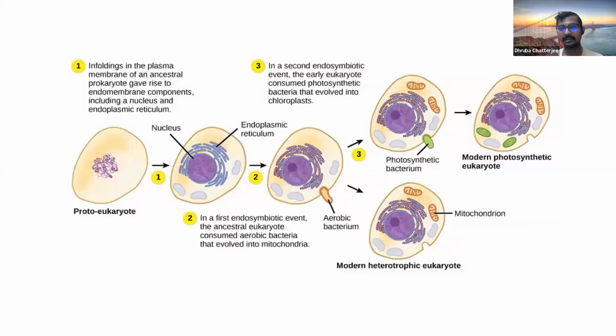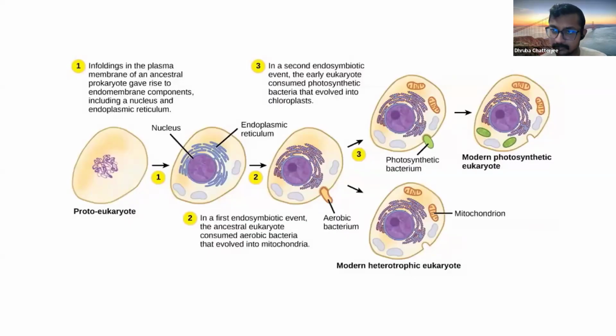They have two membranes, an outer membrane and an inner membrane, reminiscent of gram-negative bacteria, which have an outer membrane as well as the cell membrane, right? So two membranes in the cell envelope.